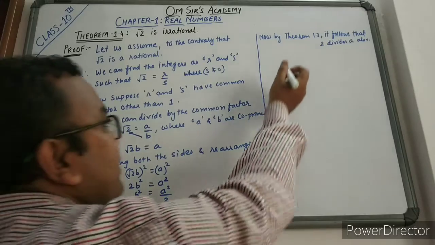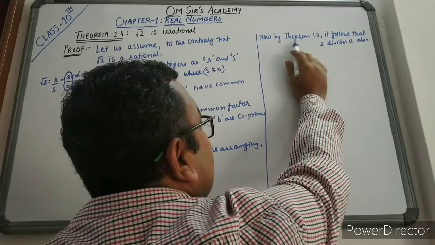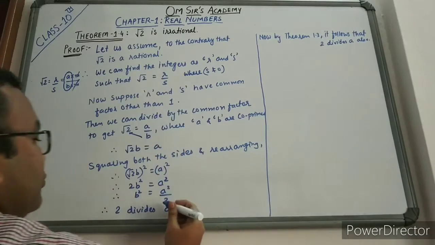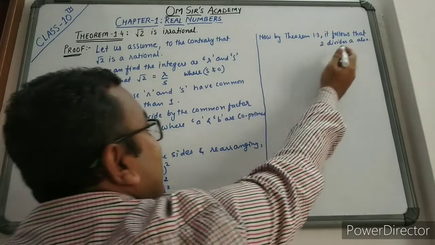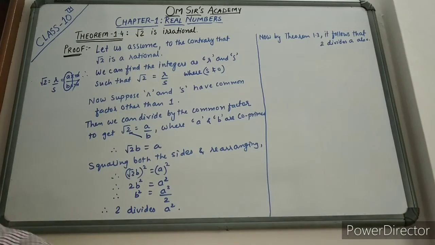Okay, so by this theorem 1.3, if 2 divides a square then 2 will divide a also. Is it clear friends?